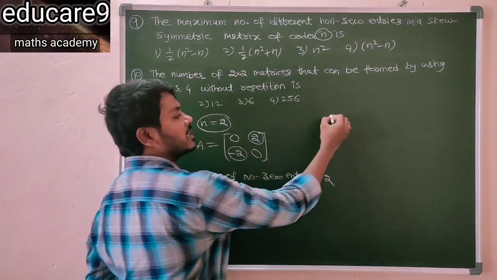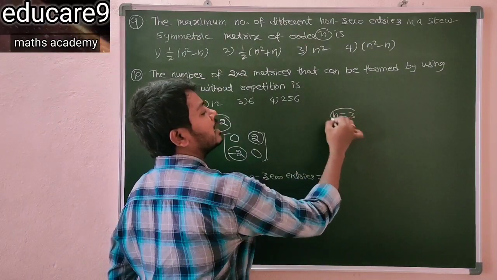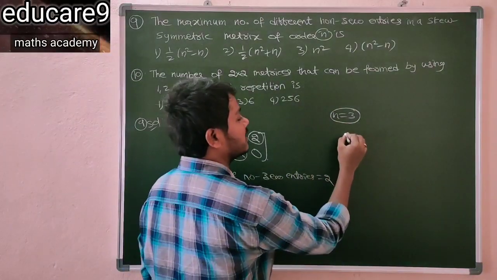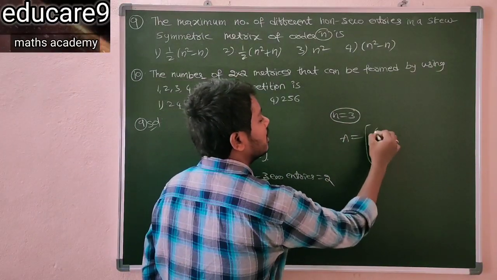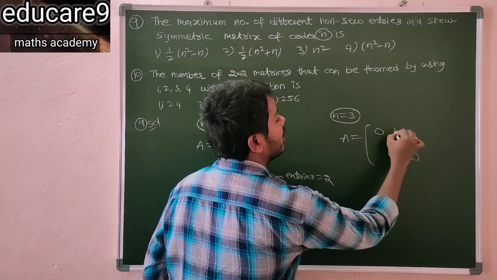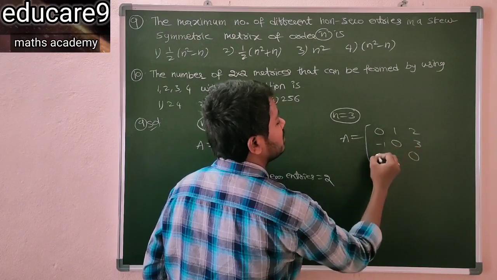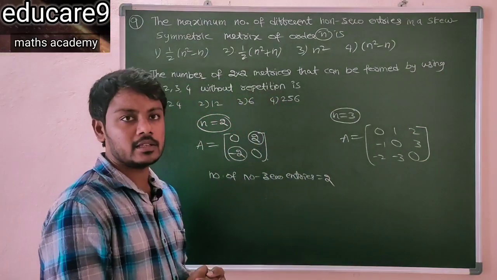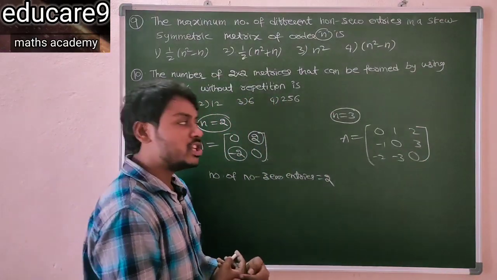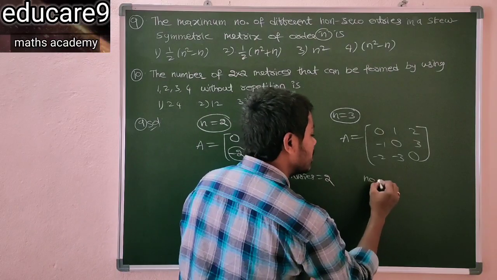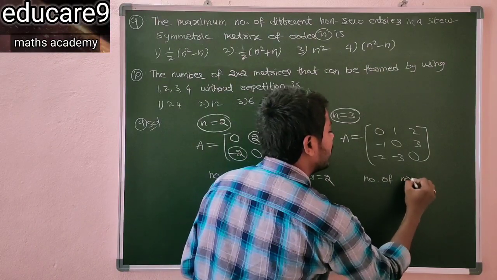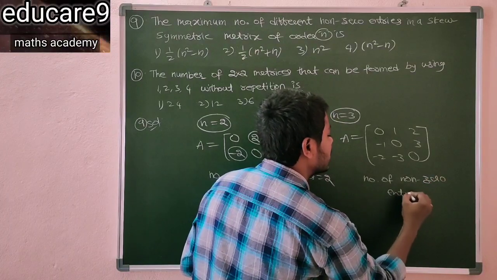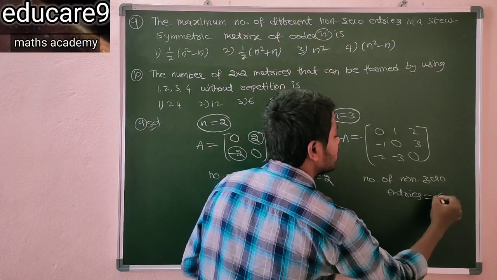For example, consider any 3 by 3 order matrix, so n is equal to 3. Here, for example, A is equal to 0 0 0, here 1 2 3, here minus 1 minus 2 minus 1. So clearly this is a skew symmetric matrix. Here the number of non-zero entries is equal to 6.